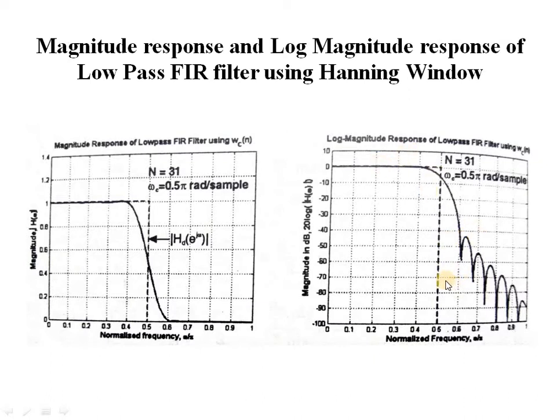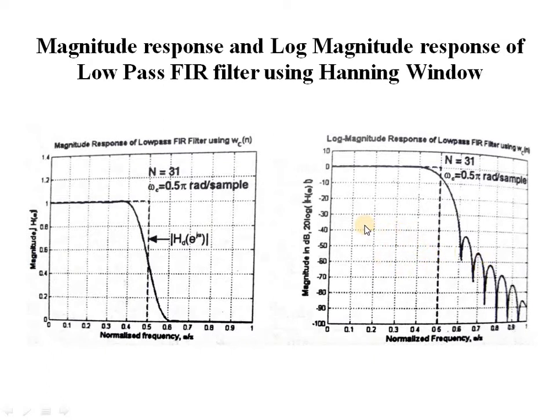At higher frequencies, we are also able to see that the stop band attenuation is even higher. And this is a good sign in the case of a Hanning window, a raised cosine window.